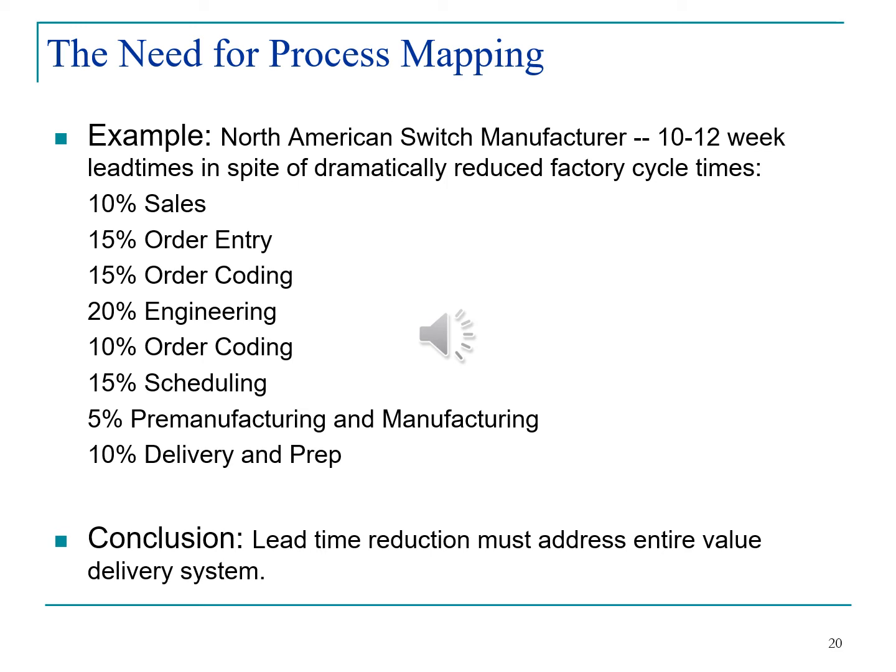And you see that only 5% was related to pre-manufacturing and manufacturing. So even though they were able to reduce the lead time in the manufacturing process, they still were facing issues. And the reason why is because lead time reduction must address the entire value delivery system. Not only the manufacturing part, but also all the things that are connected in order for you to be able to deliver the product.